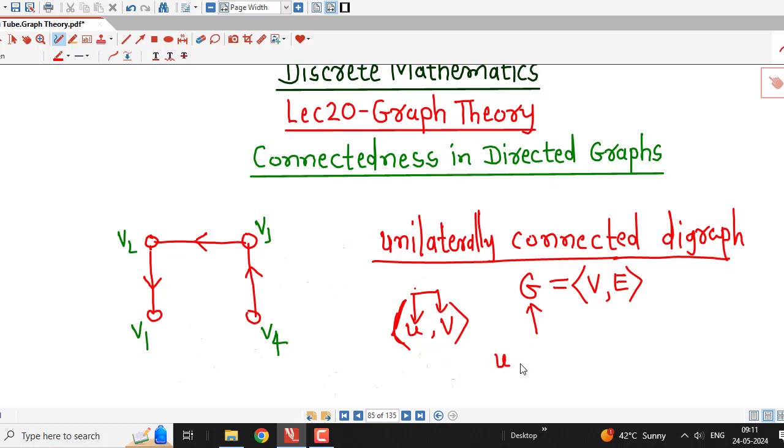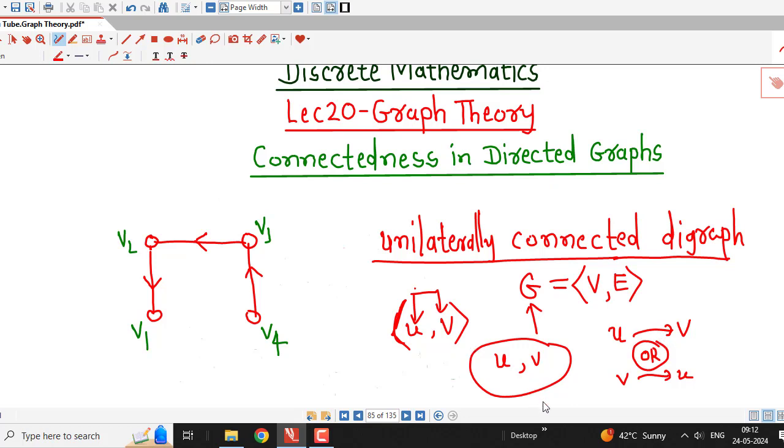That is, if I take any two nodes in the directed graph, then either there is a path from U to V or there is a path from V to U. If we take any pair of nodes of the graph, then at least one of the two nodes is reachable from another node.